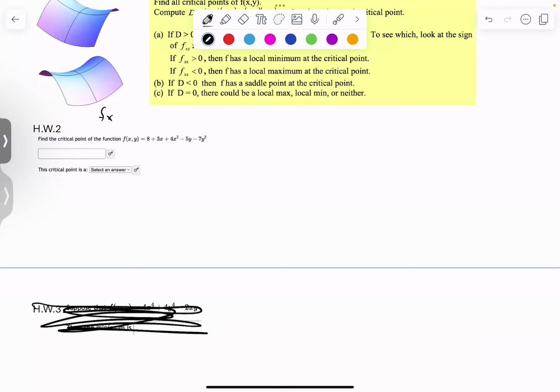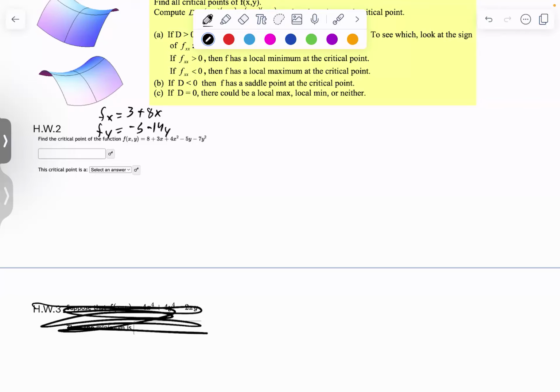So f sub x is going to be 3 plus 8x, and actually that's it. So there's my derivative. And then f sub y, meaning the derivative with respect to y, is going to be negative 5 minus 14y.